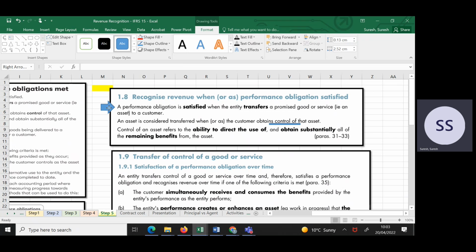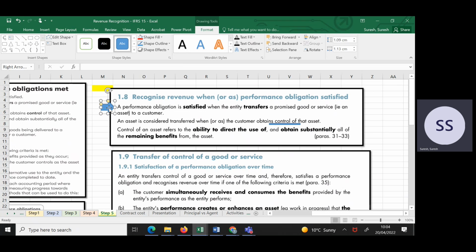So in a nutshell, performance obligations will be considered satisfied only when the promised asset gets transferred to you. We consider it a transfer only when you, the customer, receive or have complete control of the asset and also substantially all the remaining benefits that you become entitled to.